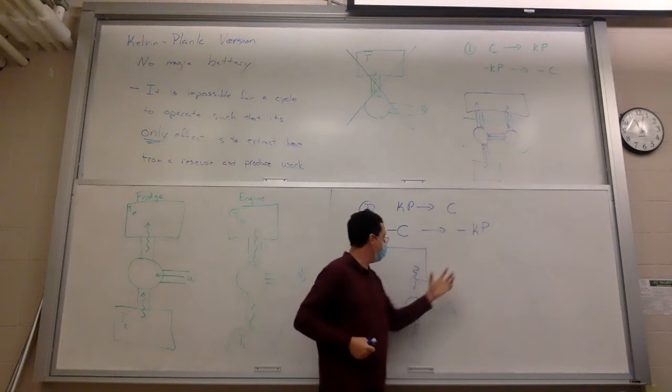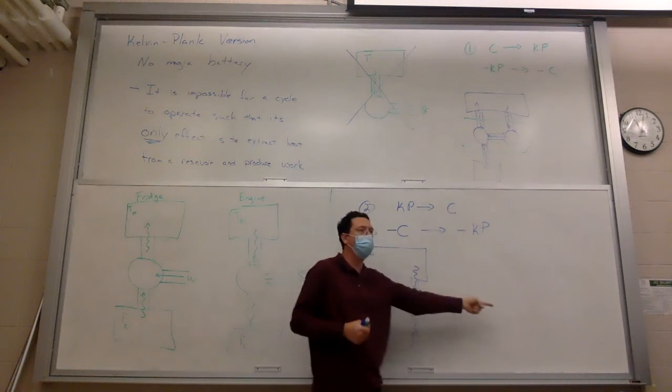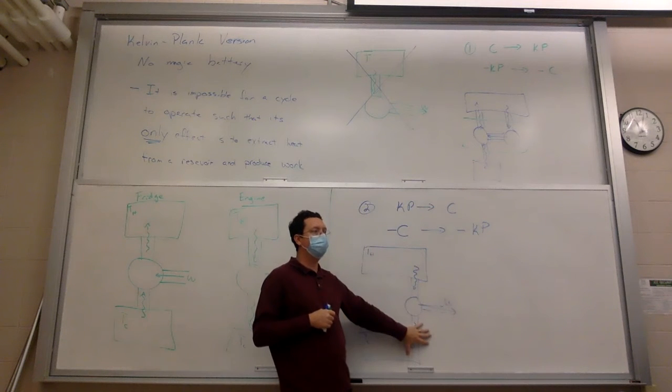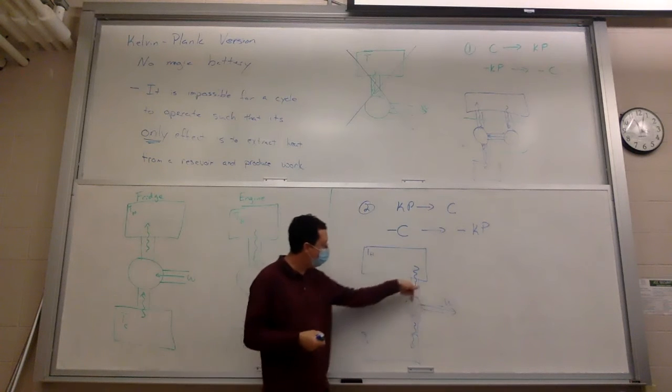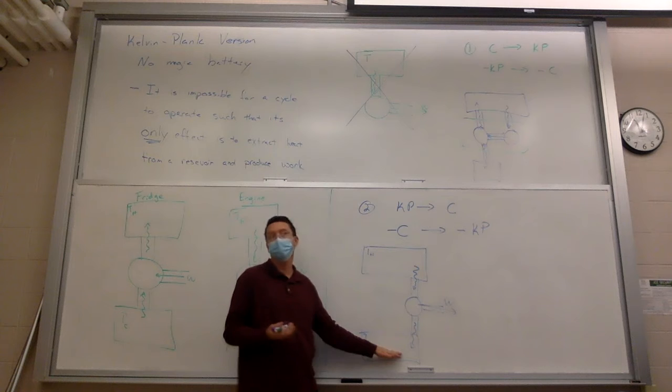And a magic battery would just take heat from the hot reservoir and turn it into work and get rid of, basically I want to get rid of the exhaust, right? That's what I want to get rid of. Do we all agree? So what's the effect of that exhaust? Well, it dumps heat into the room.